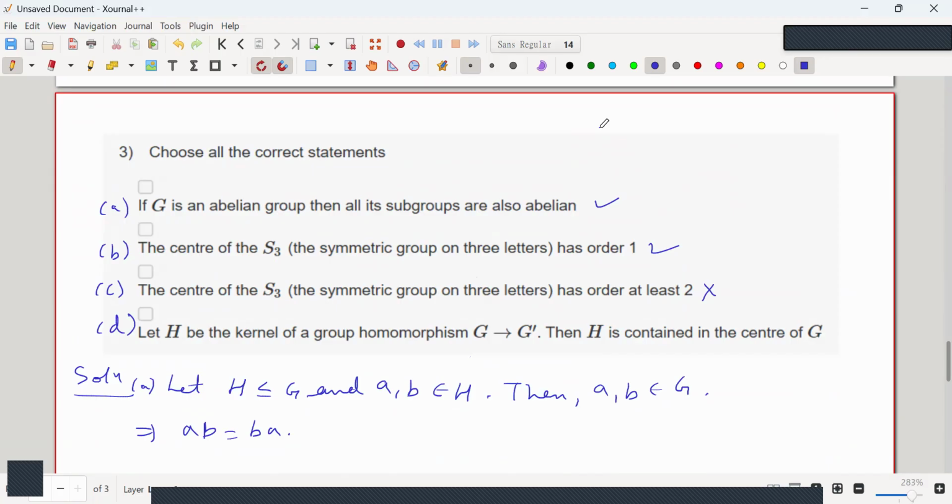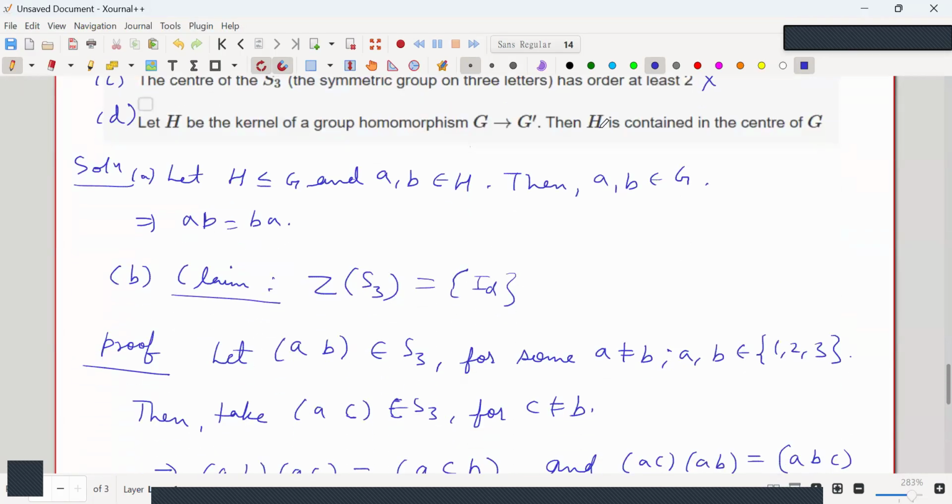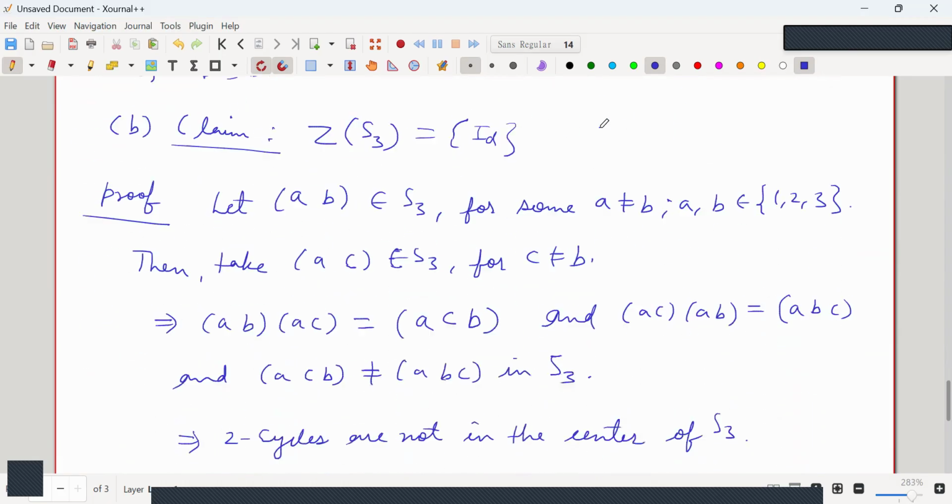Let H be the kernel of a group homomorphism, then H is contained in the center of G. Do you agree with that? No? No, sir. Then you have to give me an example.